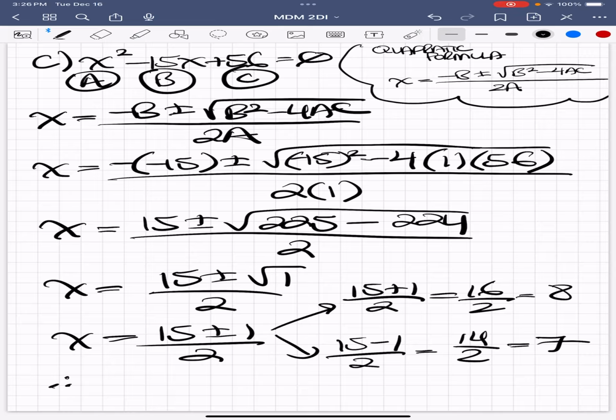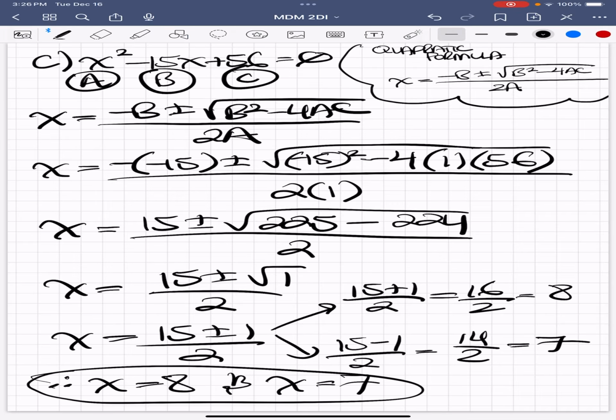And therefore our values are x equals 8 and x equals 7. And those are our final answers.